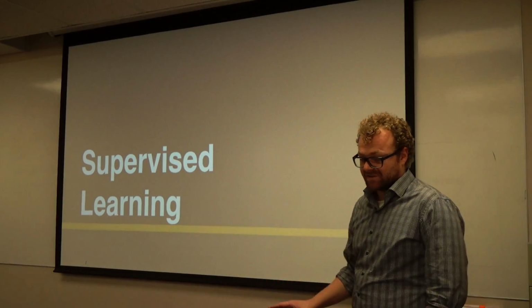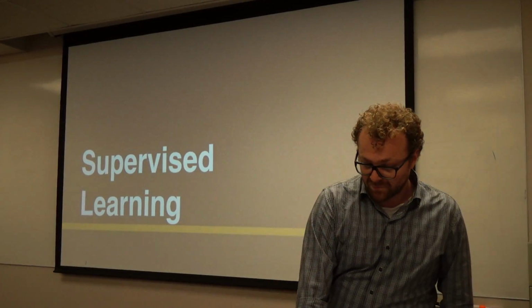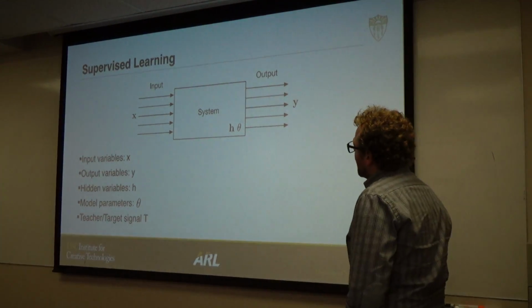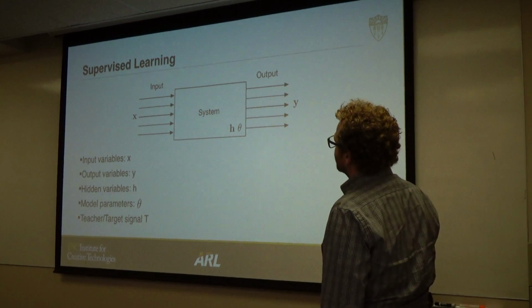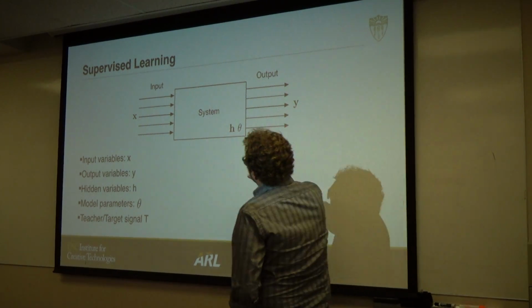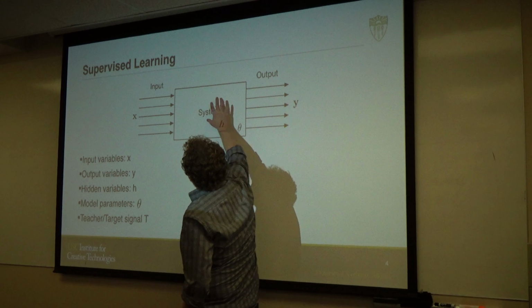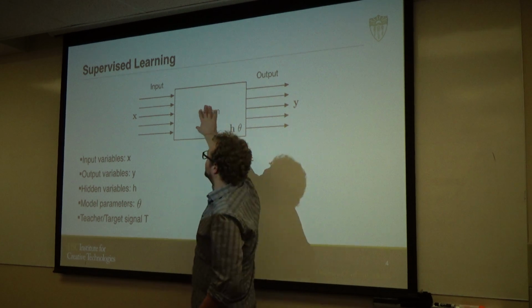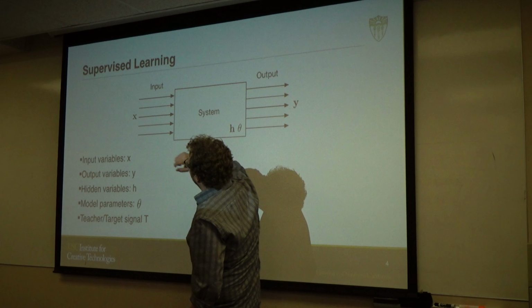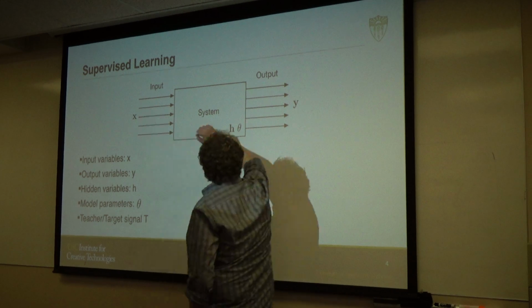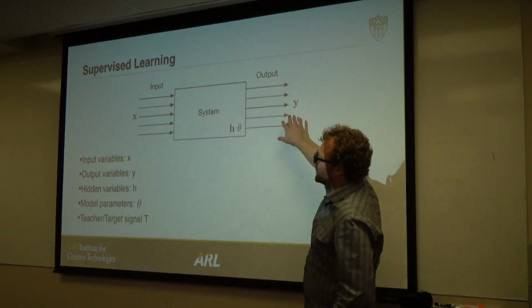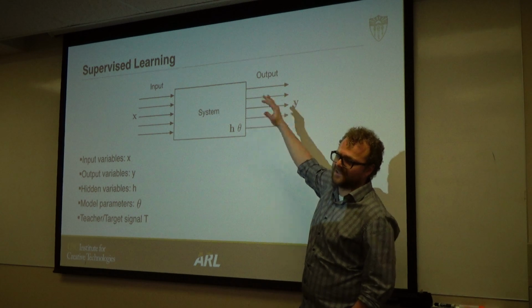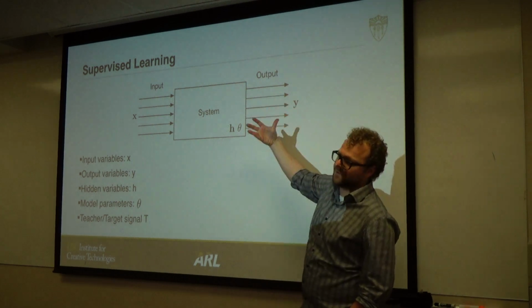Okay, so supervised learning. We had this picture last week as well. This is our algorithm here. We want to make this one really strong and good. This is our input data, and these outputs need to be of some sort, right? They need to approximate something.